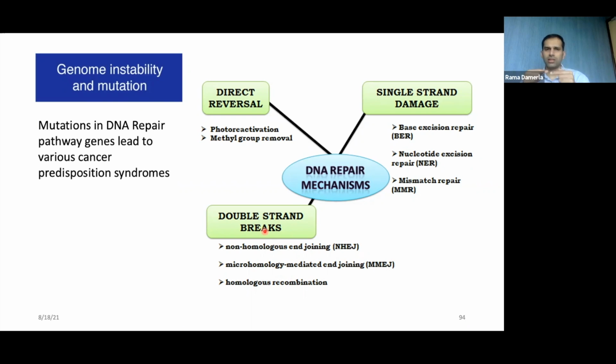If you have a double strand break, you usually get double strand break repair by these three pathways. Base excision repair mostly attends to single strand breaks, as does nucleotide excision repair. Mismatch repair occurs mostly if there are mismatches, because of repetitive DNAs. And then there is direct reversal.